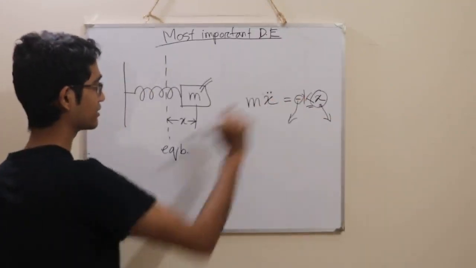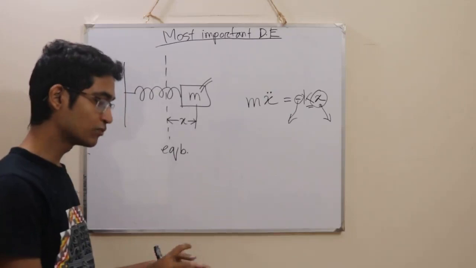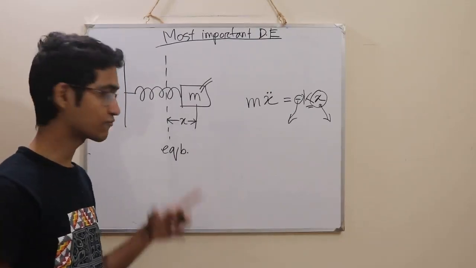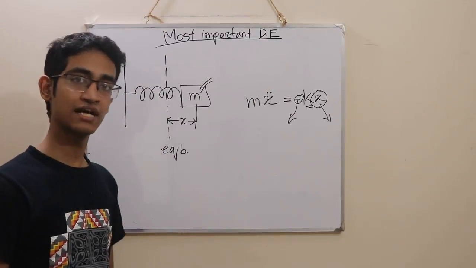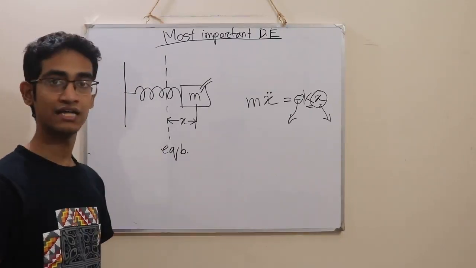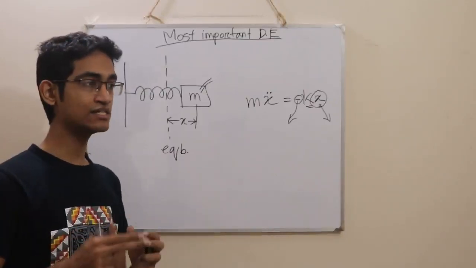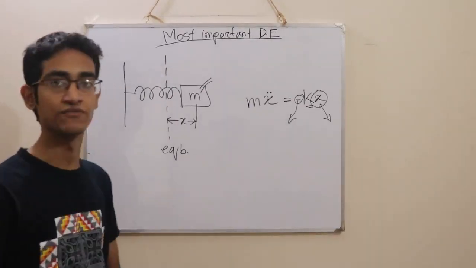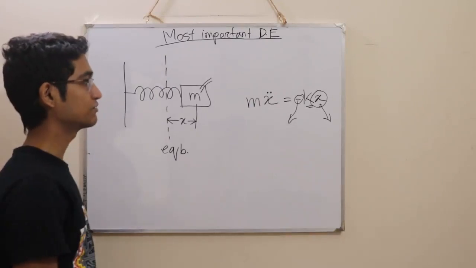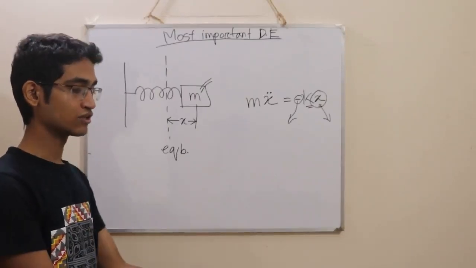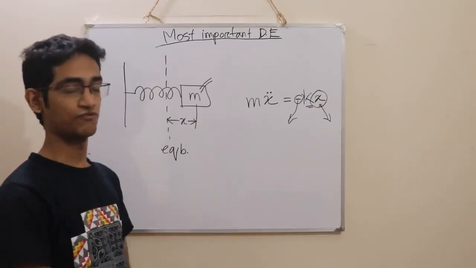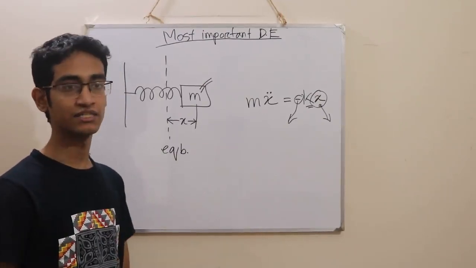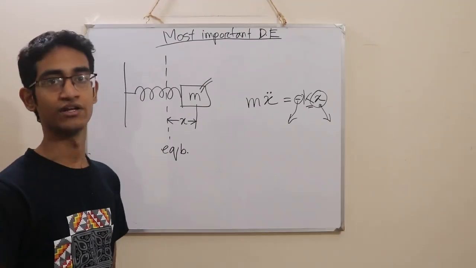Firstly, it is dependent on x because as we pull the body further and further away from the equilibrium, the force exerted by the spring gets larger and larger until it reaches its limit, and that is the point where the spring gives. But we are not considering the phenomenon where we pull the body away so much that the spring loses its integrity.